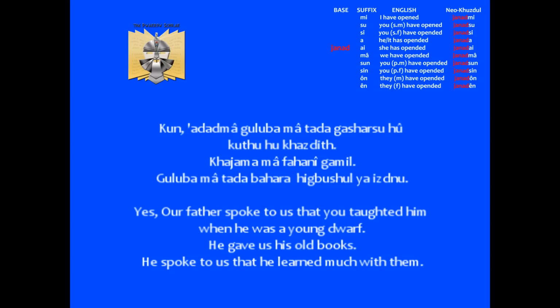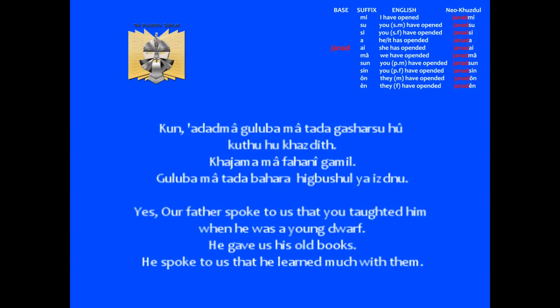So you'll notice that in Khuzdul, we merge the personal pronoun and the noun into one word. So my father, my sister, my name, all of that is one word in Khuzdul. The personal pronoun in these examples, ma, which is our, and e, which is my, are always placed at the end. But more on these pronouns and other personal forms in future lessons.